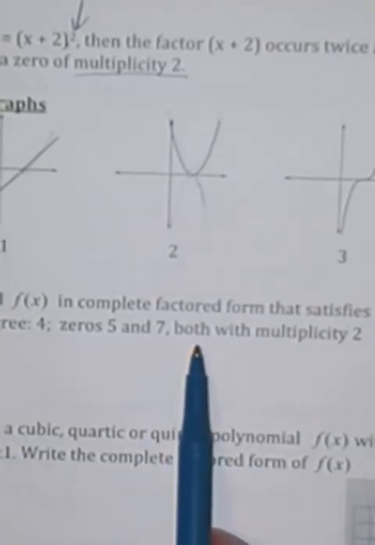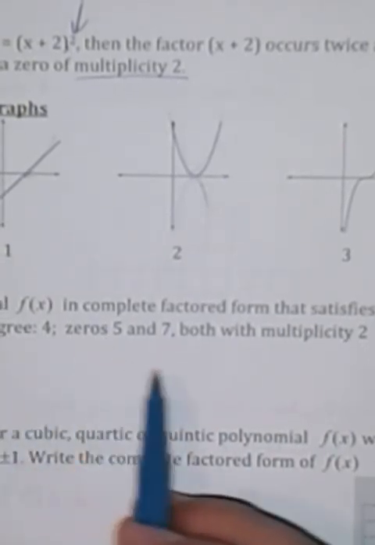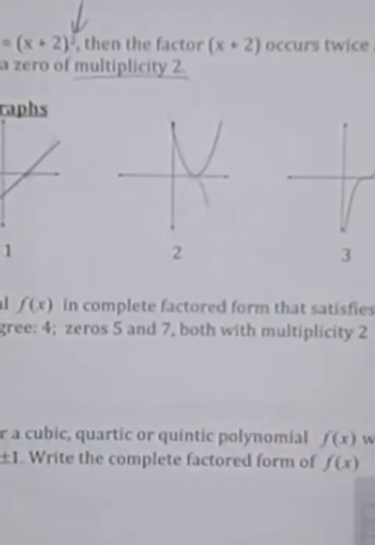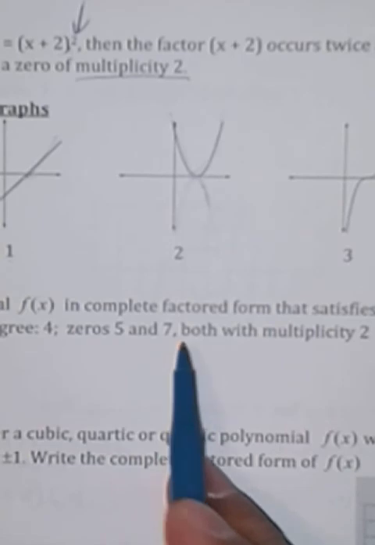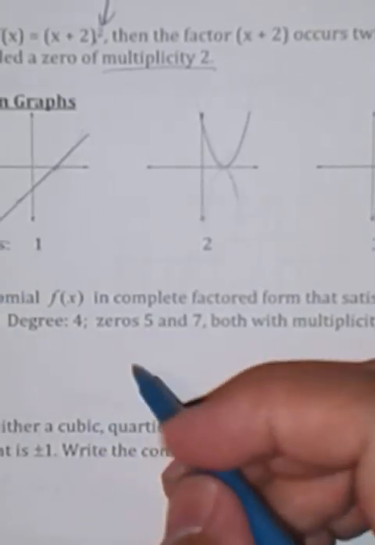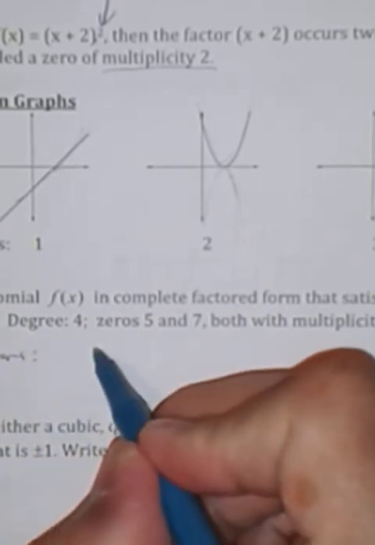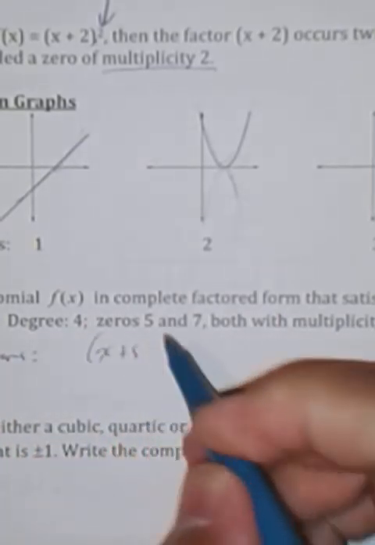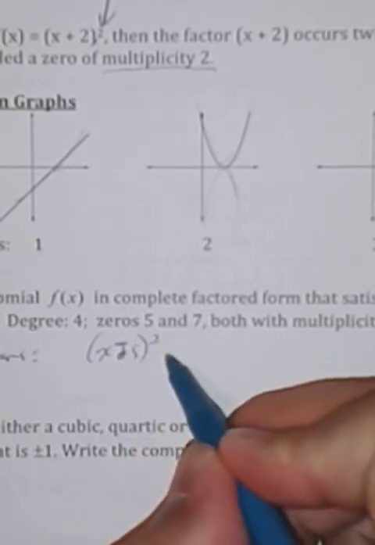Let me see. No, let's finish number 4. So write a polynomial f of x in complete factored form that satisfies the conditions. Let the leading coefficient be 1, so our a is 1, degree is 4, zeros are 5 and 7, both with multiplicity 2. Okay, so that means my factors, because they both have multiplicity 2, are going to be x minus 5, but with a square, right?